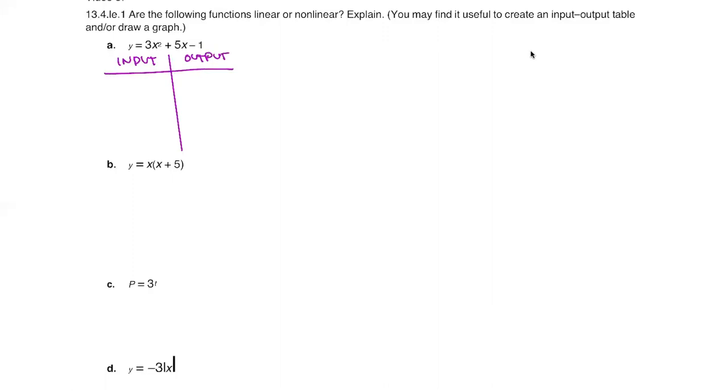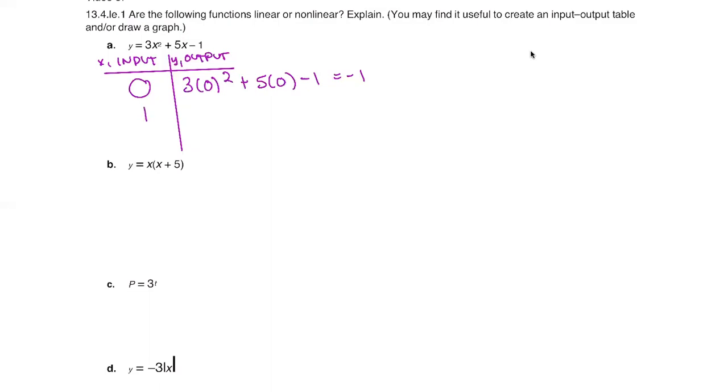And for whatever reason, mathematicians many decades ago chose that x means input and y means output in general. So if I put a 0 into this function, I would get 3 times 0 squared plus 5 times 0 minus 1, which is -1.